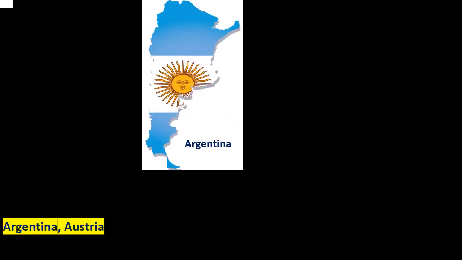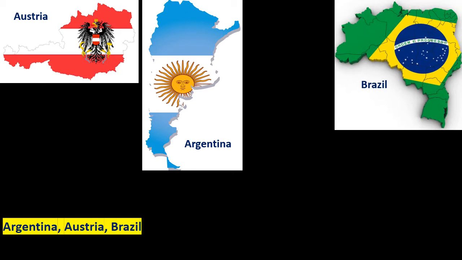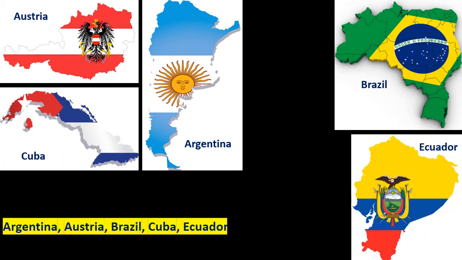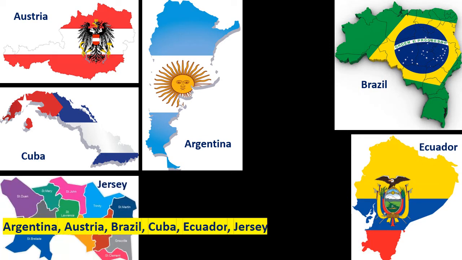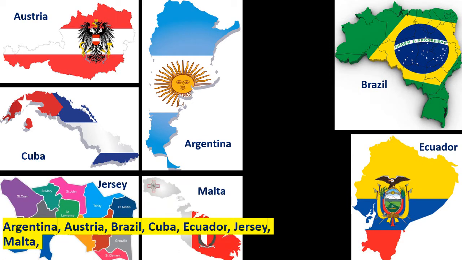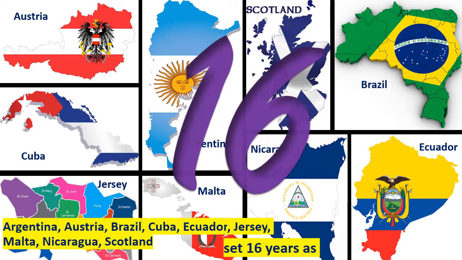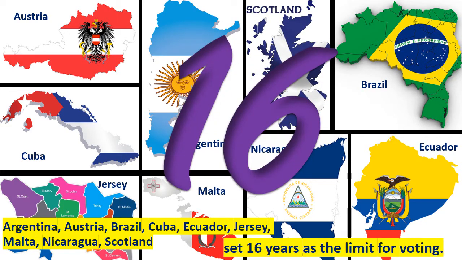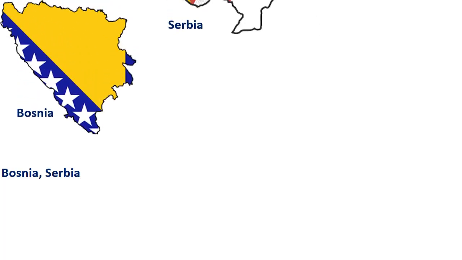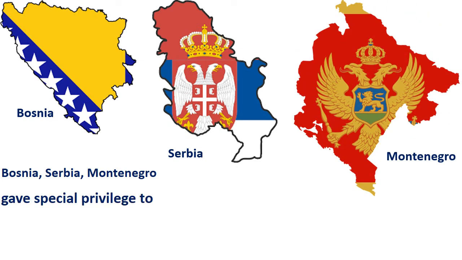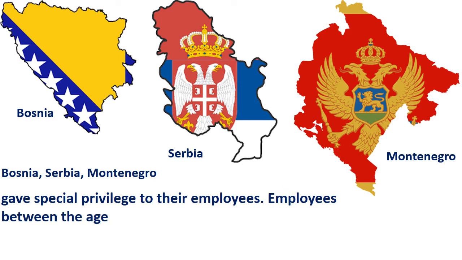Argentina, Austria, Brazil, Cuba, Ecuador, Jersey, Malta, Nicaragua, Scotland set 16 years as the limit for voting. Bosnia, Serbia, Montenegro gave special privilege to their employees. Employees between the age of 16 and 18 can vote in these countries.